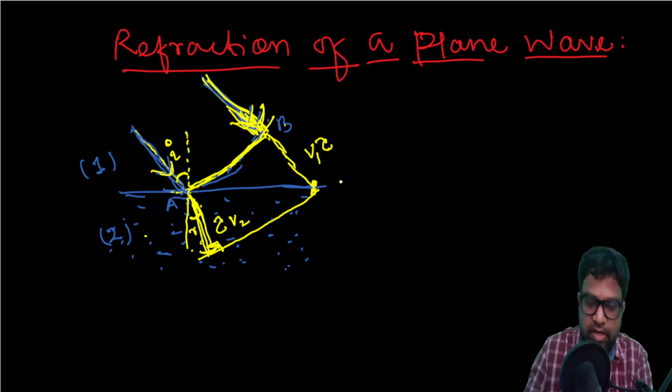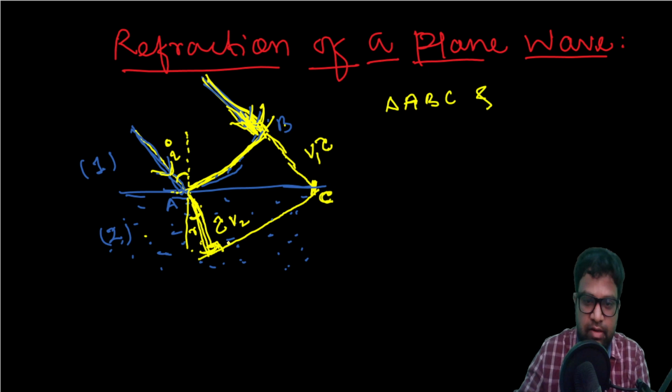So look at the two triangles. Let's name it C. Now see the triangle ABC and, let's say M, this one is triangle AMC.